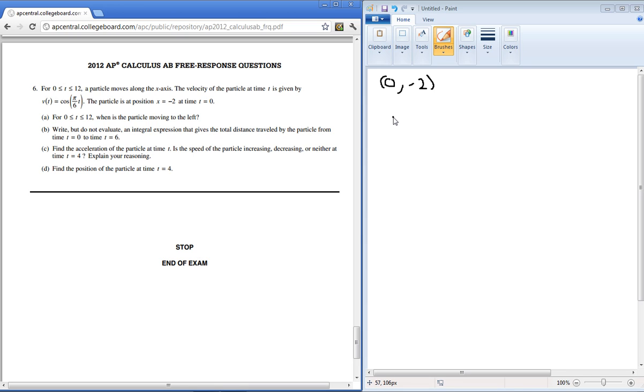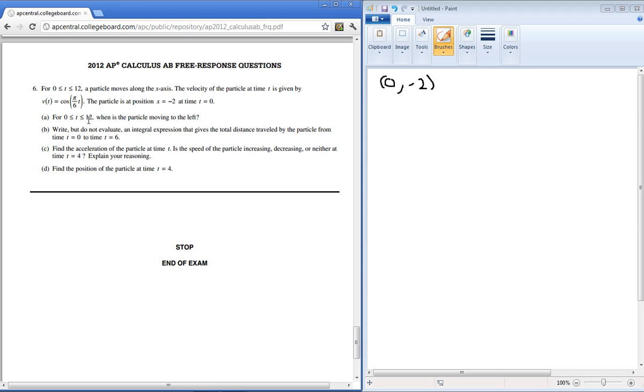We can try to do that in our heads by using the unit circle. Where's cosine equal to 0? It's pi over 2 and 3 pi over 2, I believe, because at 0 it's 1. Yeah, I think pi over 2 and 3 pi over 2 are the correct answers for that. But we need it to fit in here.